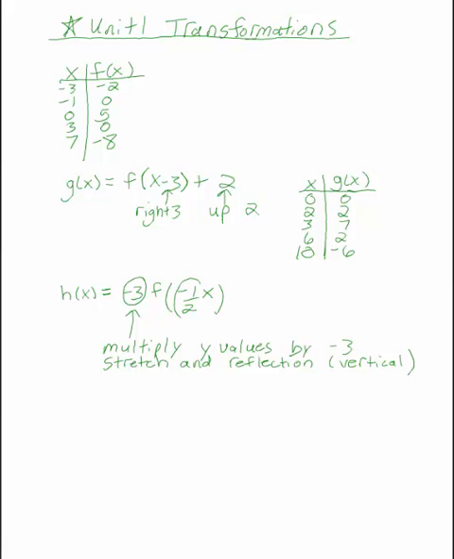Now, this -1/2 on the inside, again, it's affecting the x direction. It's inside parentheses, so things are going to happen in reverse of what we think here. So since it's -1/2 x, that'd be like dividing all the x values by -2 is what it looks like.